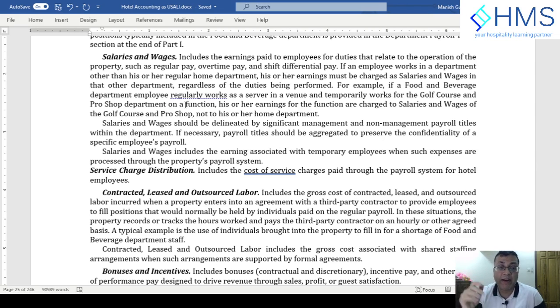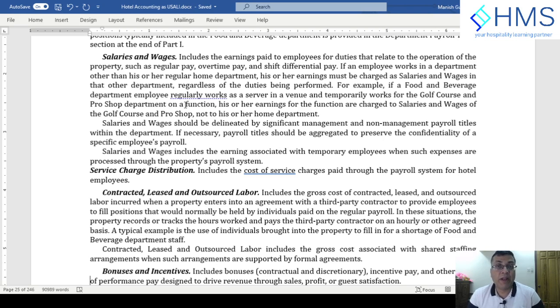Then the next line item in the labor cost is the service charge distribution. As we discussed previously, while we were discussing the revenue, when the service charge in the check is non-discretionary and is mandatory for the guest to pay, it is usually distributed to the staff on maybe an equal basis or based on points, or however the policy of the company is.